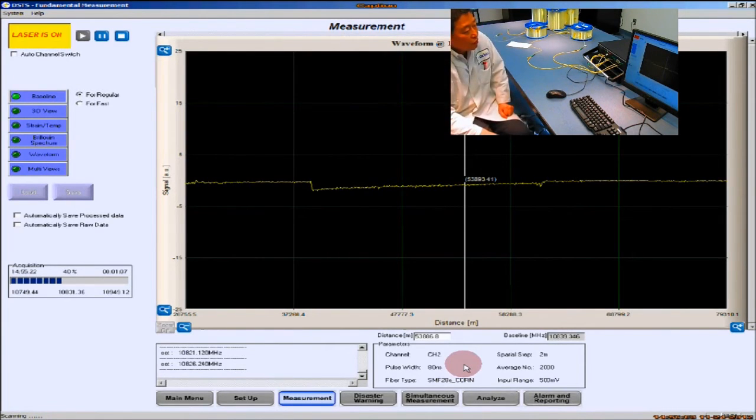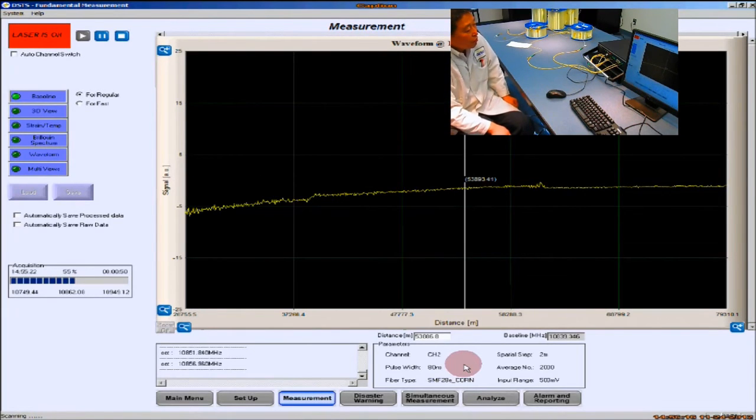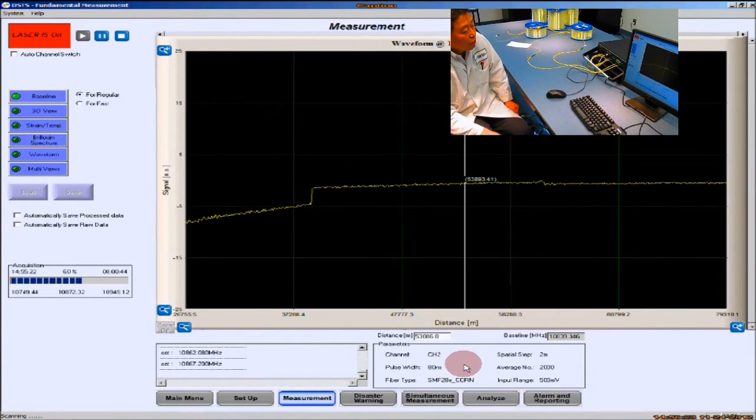Okay? When you're doing actual measurements and you want to measure something precisely, you need the region that you're making the measurement on to be longer than the distance covered by the pulse. That's why we're using 10 meters of fiber here with an 80 nanosecond pulse, which has a spatial resolution of 8 meters.